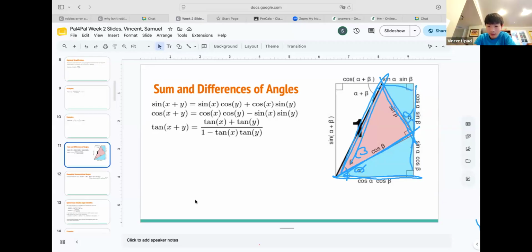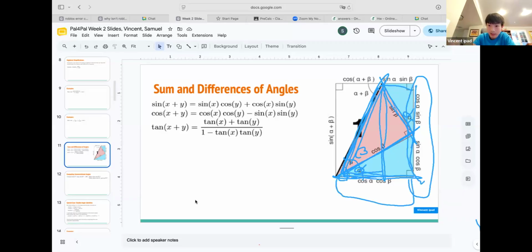And then sine of this big angle is going to be the y from here over the hypotenuse, which is conveniently 1. It's just this then. And the cosine is going to be this whole thing minus this thing, which is where we get this. And then for the tangents, you just divide these two and simplify.